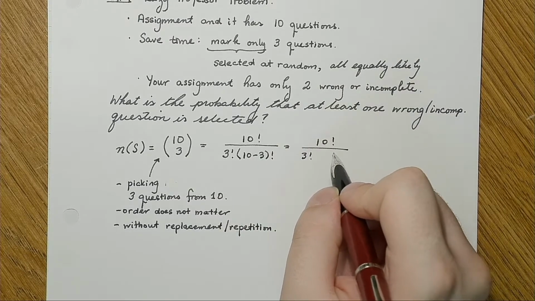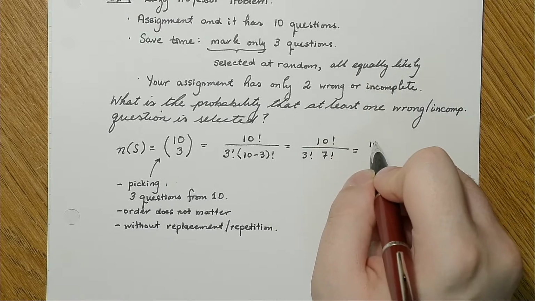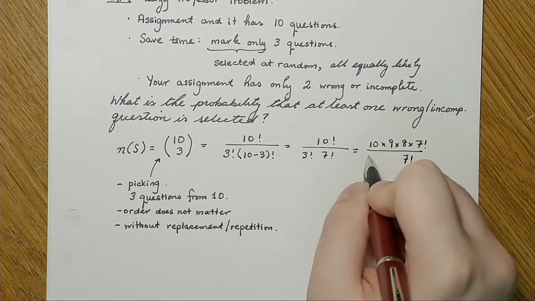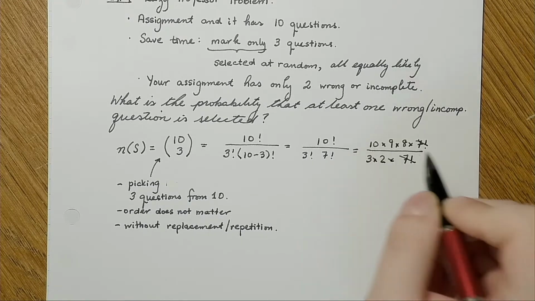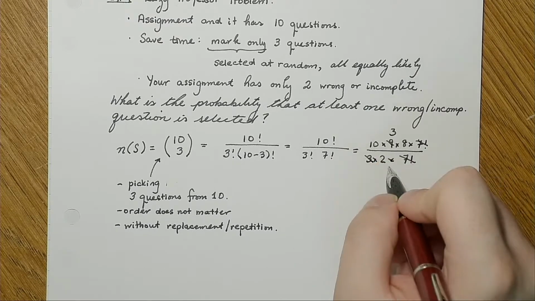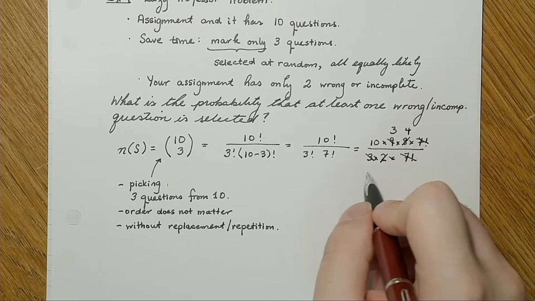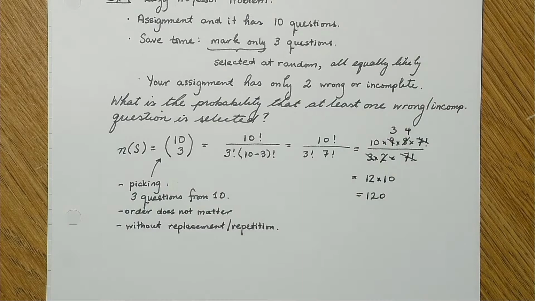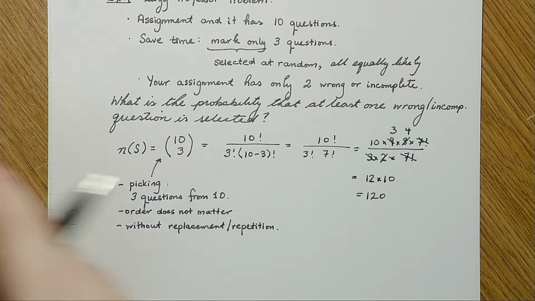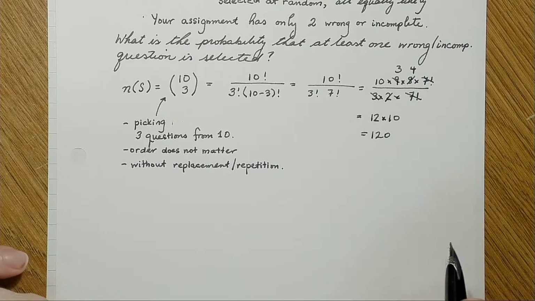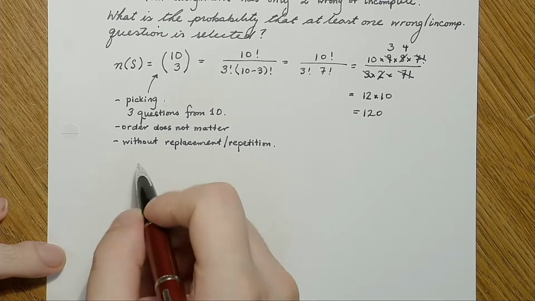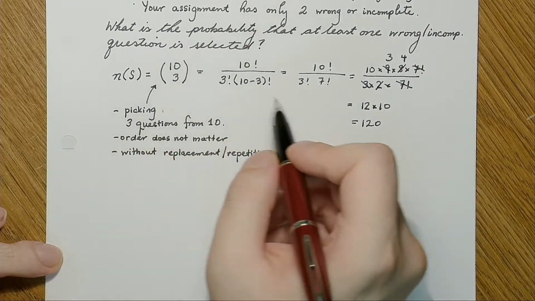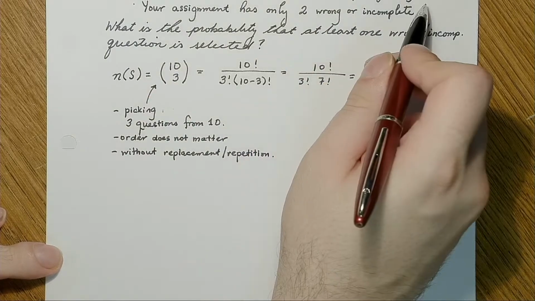So 10 minus 3 should give you 7 factorial. 10 times 9 times 8 times 7. So that should give you 120. Okay, so there's 120 possible ways. We're going to assume that they're all equally likely to occur.